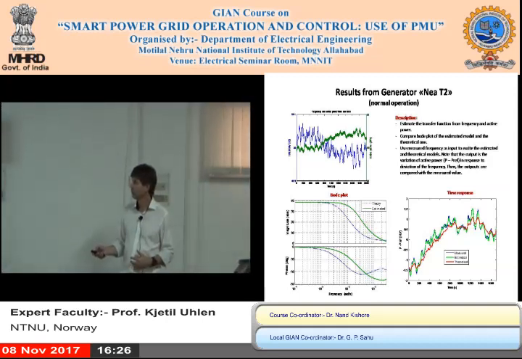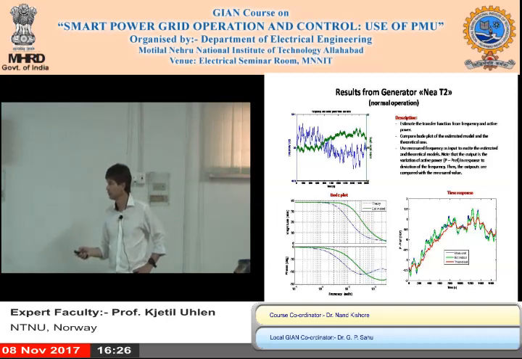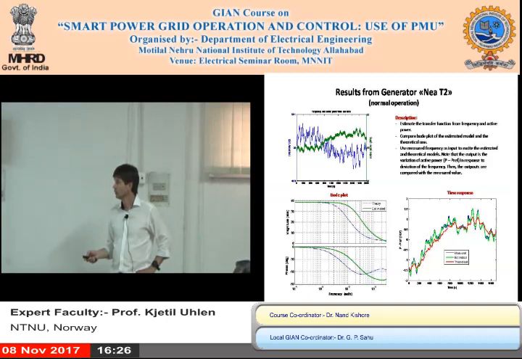But what is the performance of that? That is what we are after, and what we can estimate then is the transfer function from frequency input to power output of the turbine and governor. What comes out of the identification algorithm is this green curve.